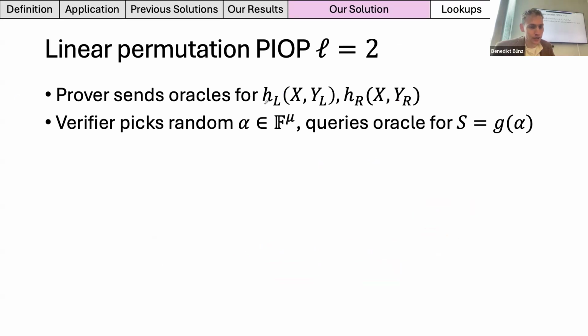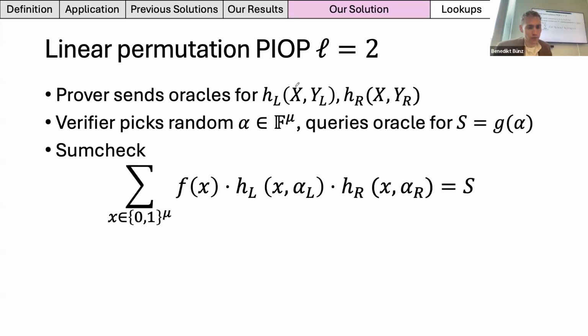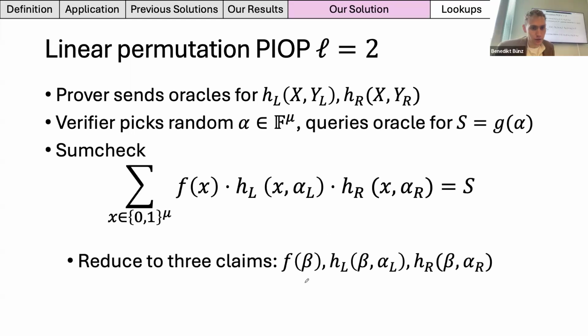So the prover sends oracles to HL or HR, or in our case, these things are actually preprocessed, so they're committed beforehand, and then the verifier picks a random alpha, and then we prove the sum check. This reduces to 3 claims. Once I run the sum check, I reduce to 3 claims about f of b, beta, HL of this and this, and I have the 4th claim on G here. Sometimes f and g are the same, so this is one query.